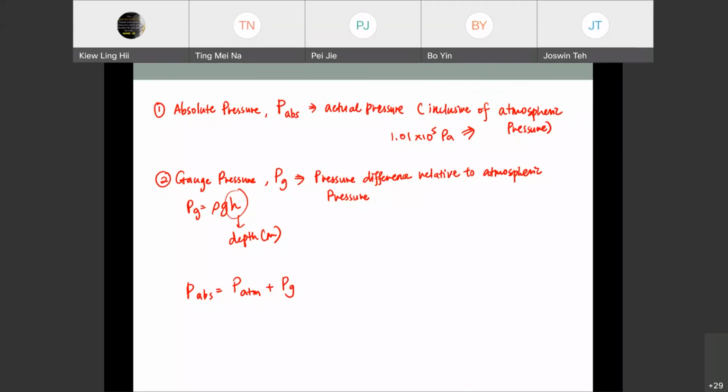So if the absolute pressure that you are experiencing just now was 1.01 times 10 to the power of 5, which equals atmospheric pressure plus your gauge pressure, the gauge pressure that you are experiencing now is equal to 0. That is the difference between these two pressures. Absolute pressure means the actual pressure, inclusive of atmospheric pressure. Gauge pressure is the relative pressure.